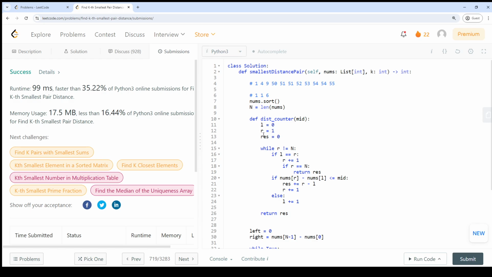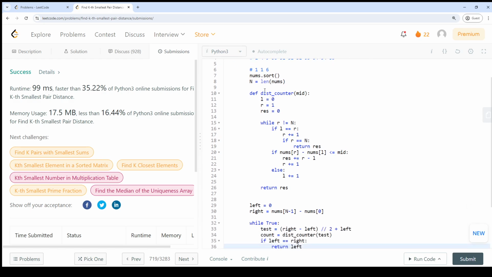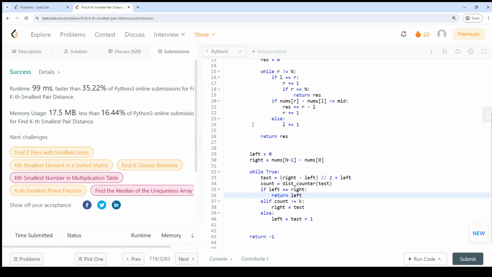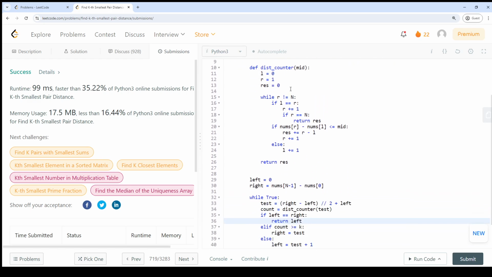For the complexity, sorting takes n log n. For binary search, it is log n. So we do log n plus this part, where r is not equal, and this will be at least.